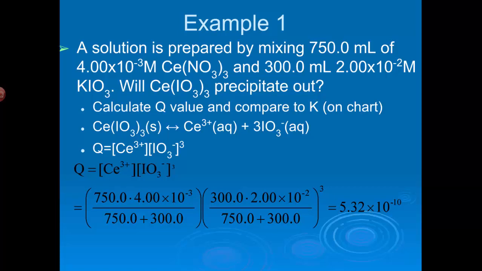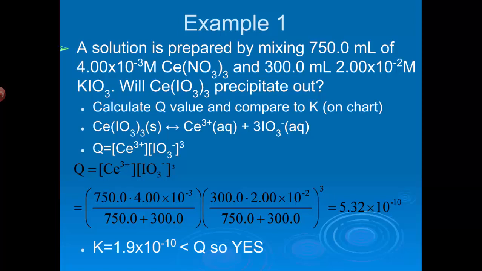So the 750 milliliters times the concentration of the cerium nitrate divided by the new total volume, which is 1050, and then multiply that by the 300 milliliters of the KIO3 multiplied by its concentration divided by the new total volume, and then we cube that. And we get 5.32 times 10 to the minus 10th.